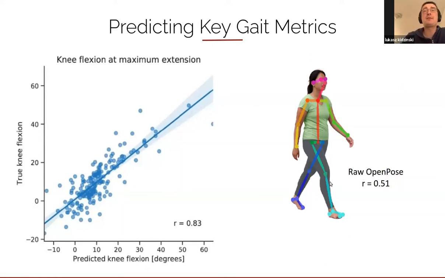And with this very basic method, we get prediction with correlation 0.51 on the test set, while with a neural network that takes the entire lower extremity and the time series into account, we get a correlation of 0.83.